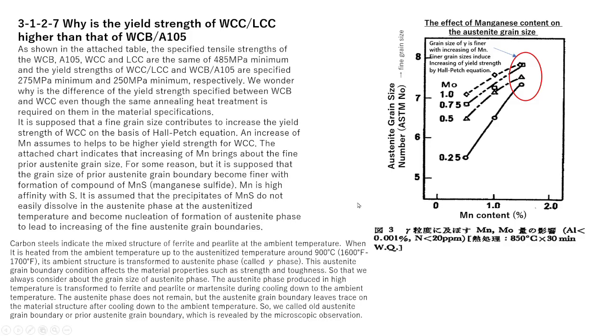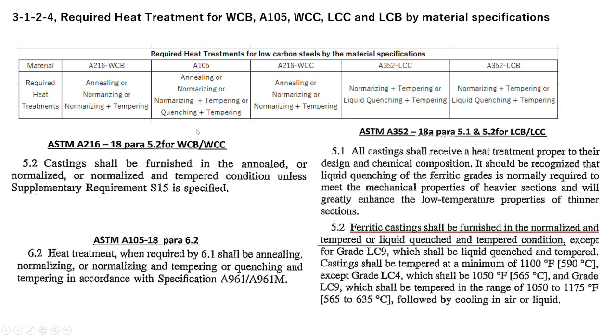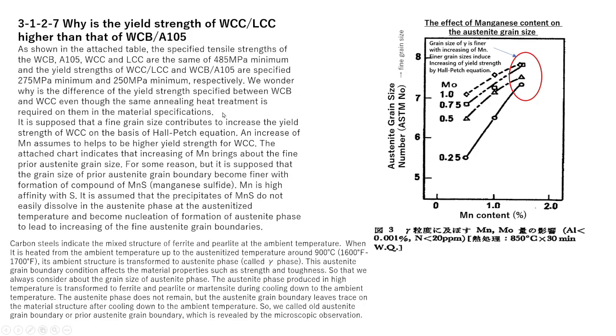Again, we look at the table for the heat treatment. WCB and WCC specify the same heat treatment condition, annealing. It is supposed that fine grain size contributes to increasing the yield strength of WCC on the basis of the Hall-Petch equation.